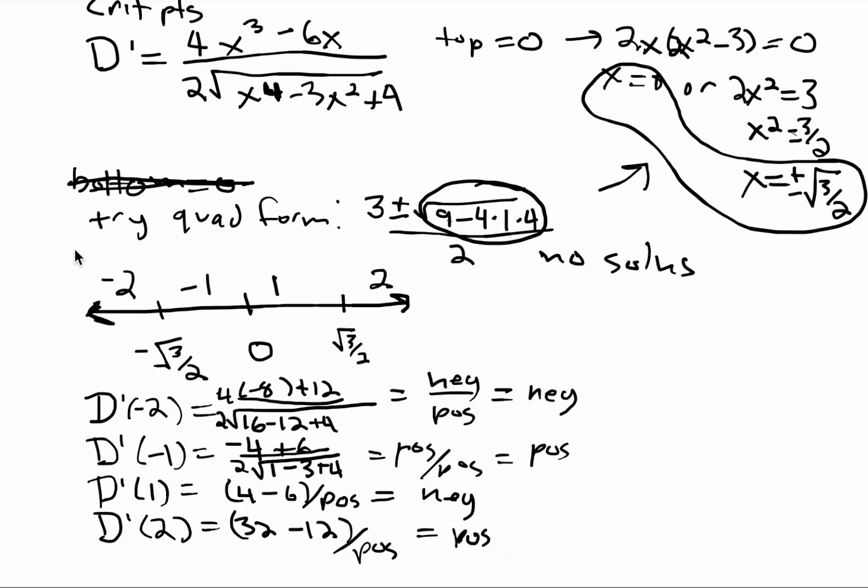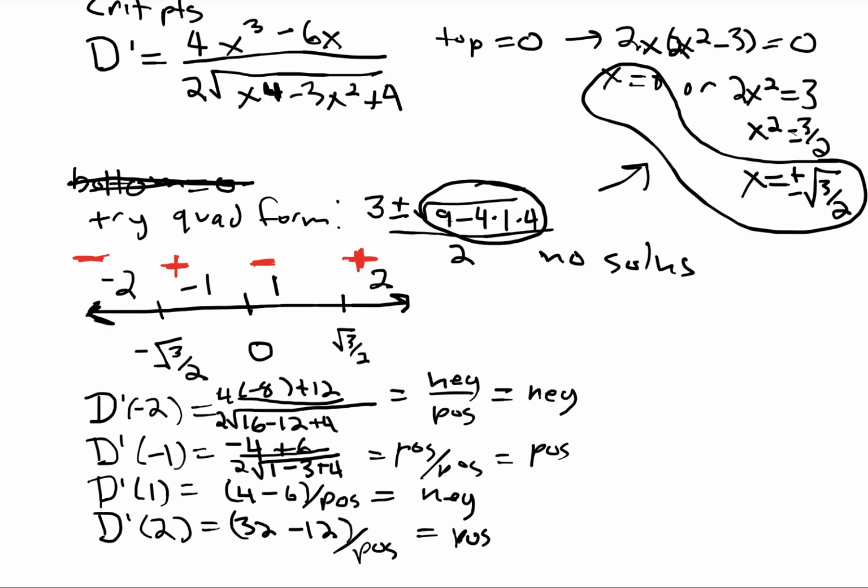This means that if I'm analyzing my signs on this chart, I am negative, then I am positive, then I am negative, then I am positive. So this is actually a little bit concerning at the moment.